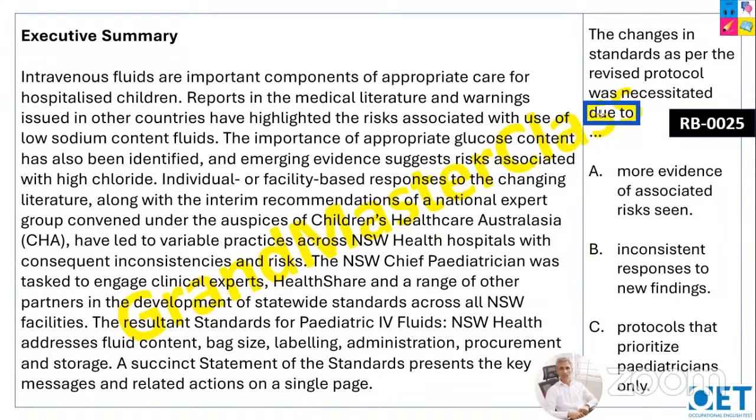So this is the cause due to some cause. So there are three possible causes and one is the main cause. Now you can see here more evidence of associated risks seen. Risks is talking about the risks. Okay, and more evidence.